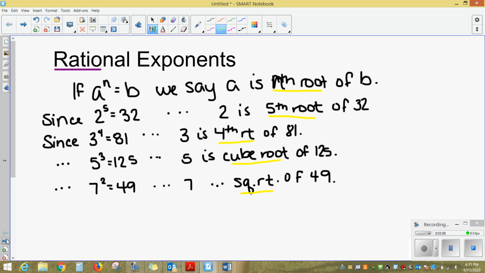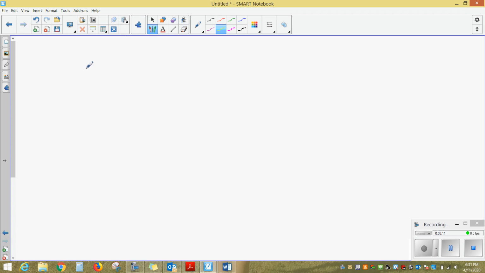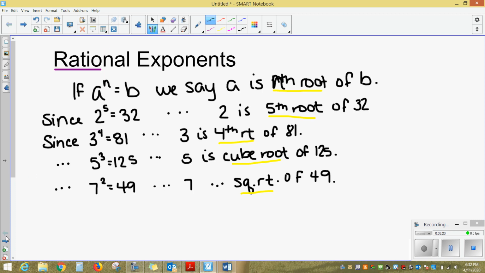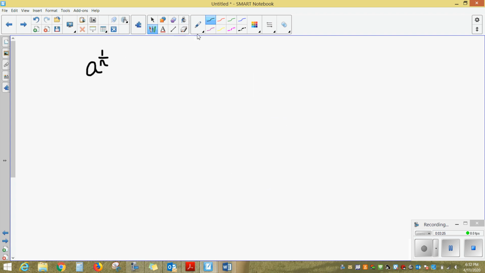So then the next thing we'll do is define, in black ink, the nth root of b, not a.